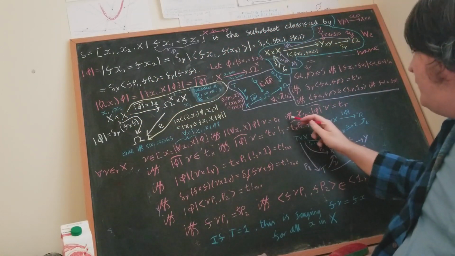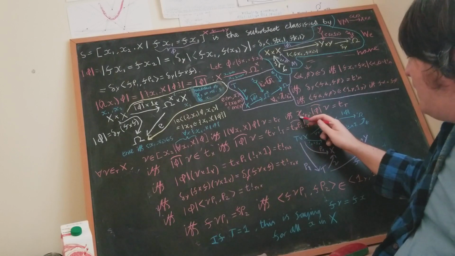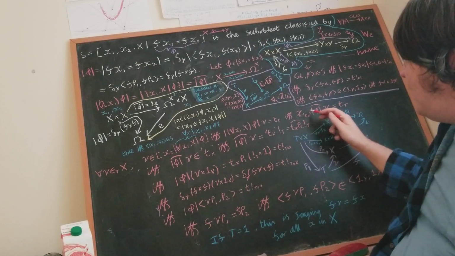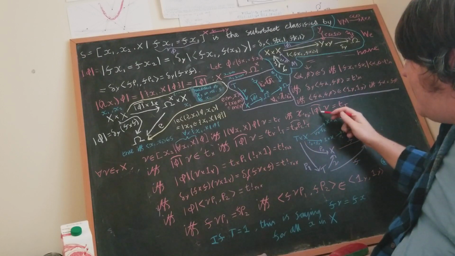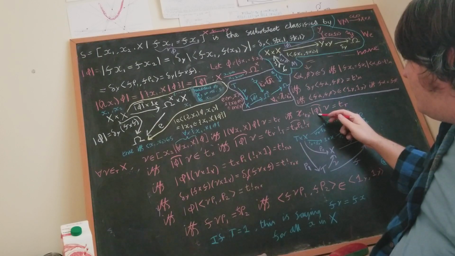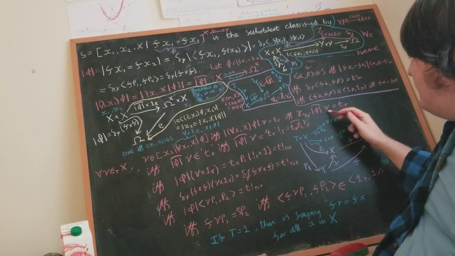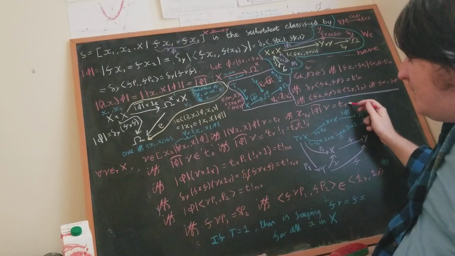So we can write that this is true if and only if doing the classifying arrow of t of x on transpose of interpretation of phi after v gives true.